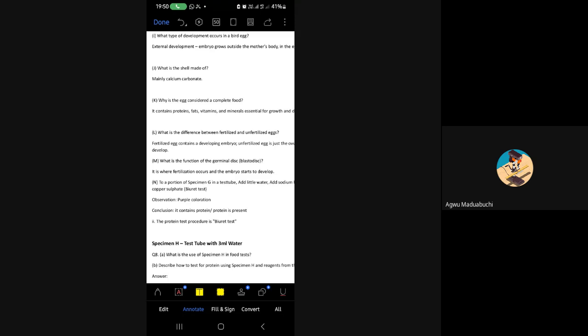What is the function? That is the part that forms the embryo. So the embryo starts to develop from the germinal disc.